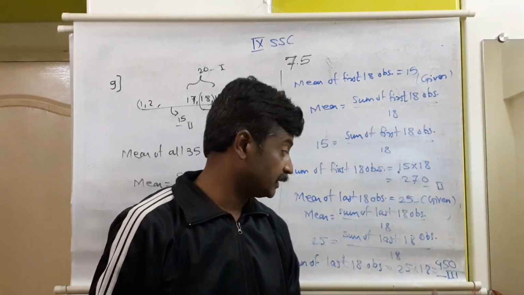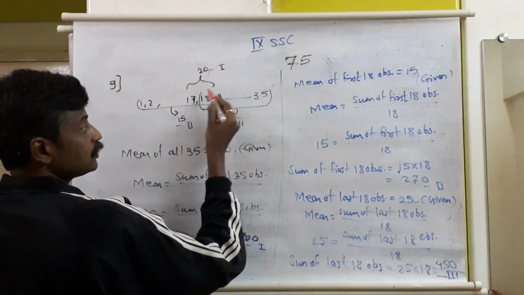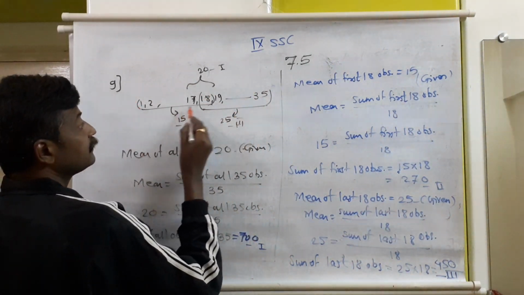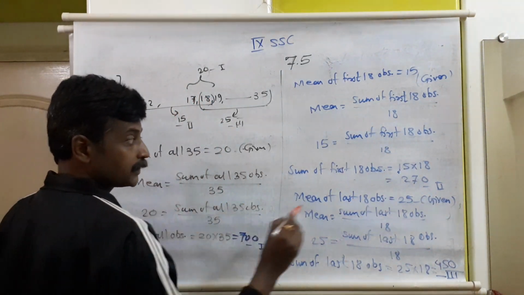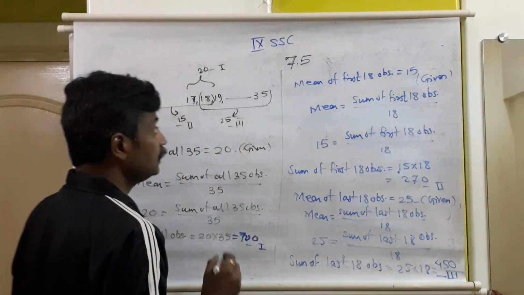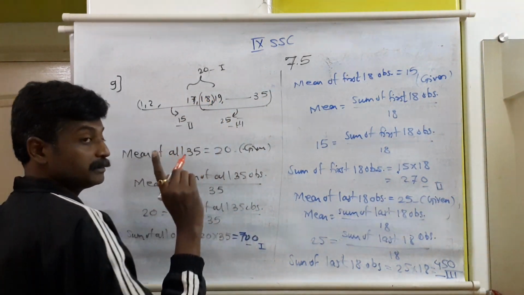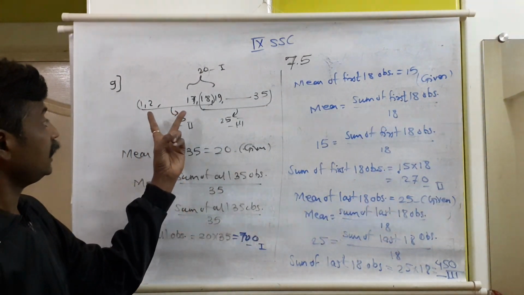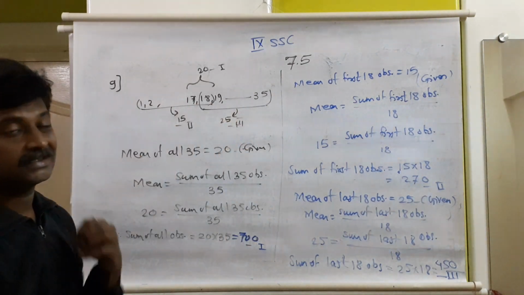Equation number 3 says sum of last 18 observations. The main important part is in first 18 observations, observation number 18 is considered, which is in this 270 total, and in the last 18 observations also the observation number 18 is considered, that total is 450. Means while this sum and this sum, both the time 18 is counted.